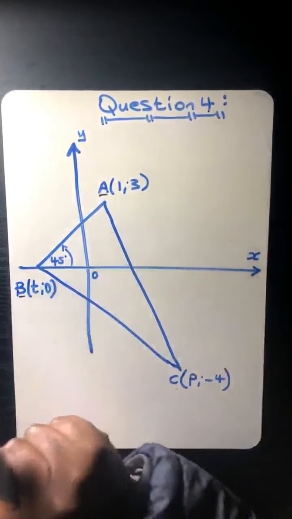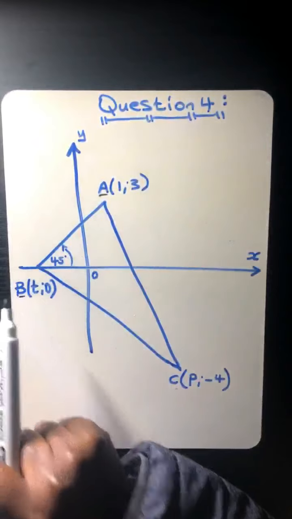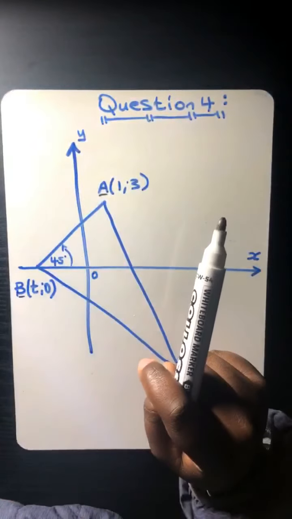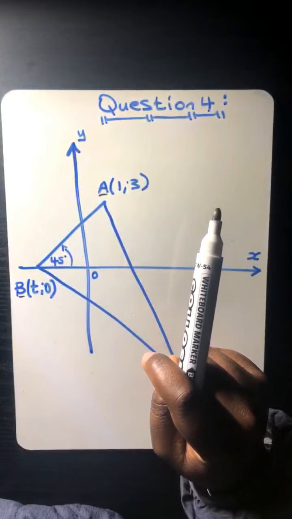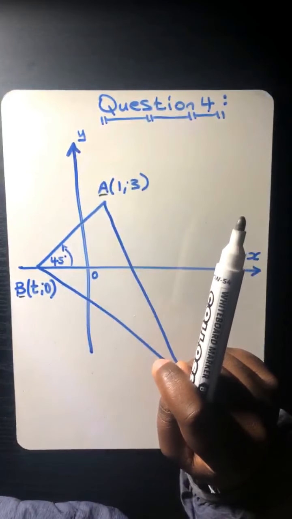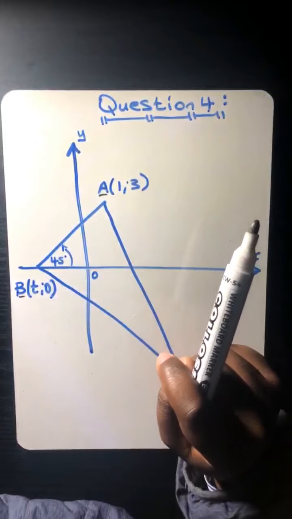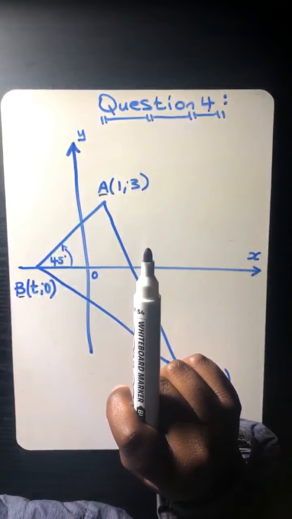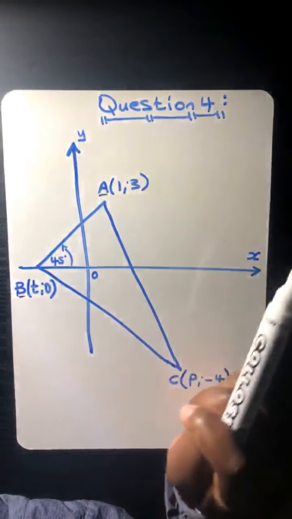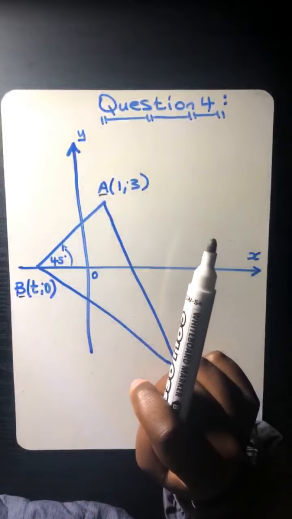So it says A, B, and C is a triangle with vertices. Remember, the word vertices simply refers to the corners. So obviously they've mentioned 3 letters, and we know 3 corners are possibly referring to a triangle.